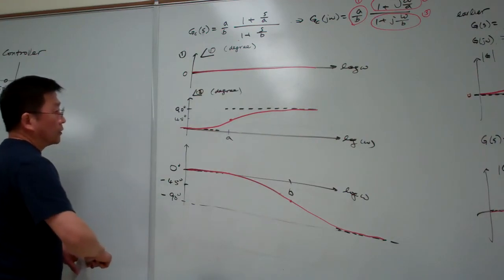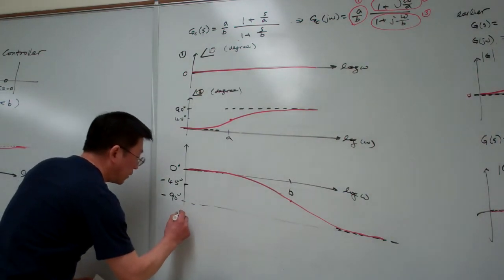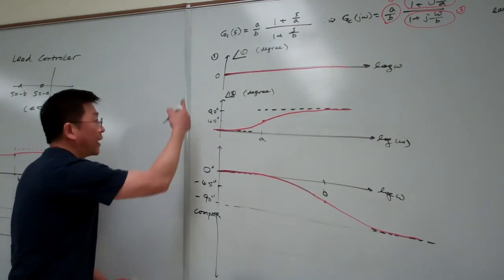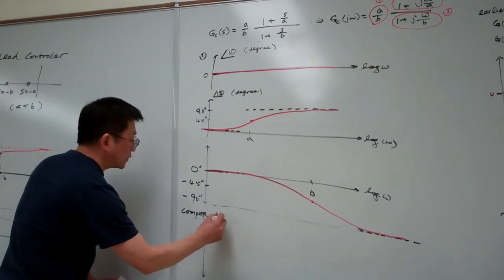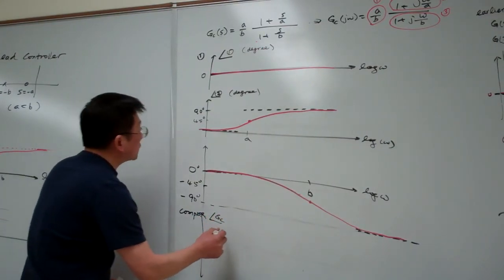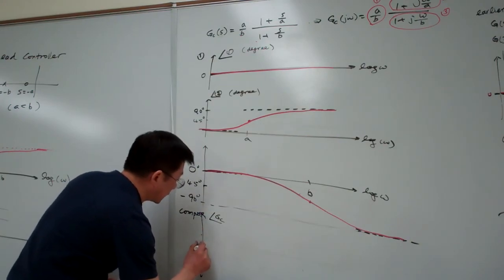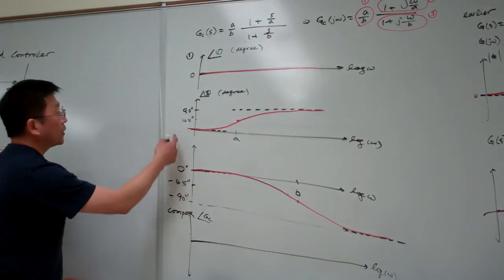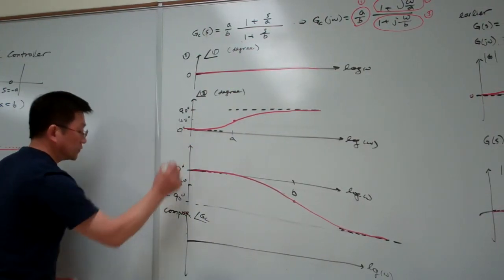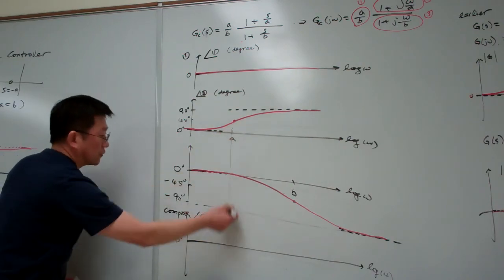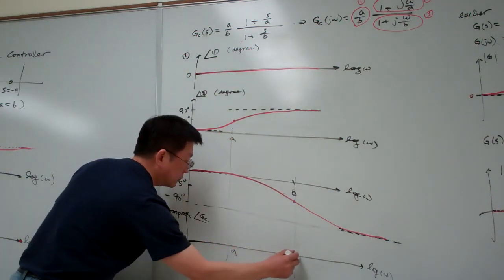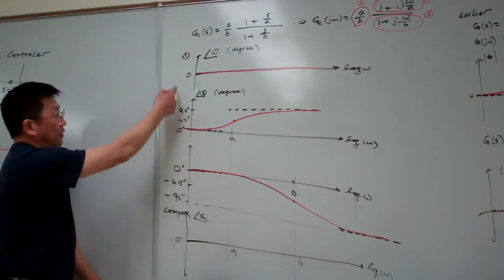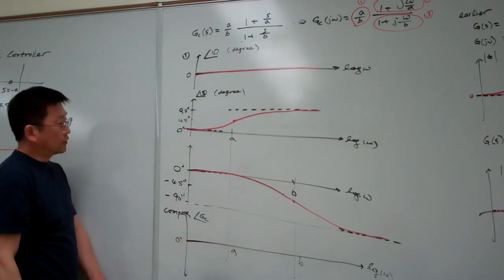Now we compose the whole thing, adding the three terms together, which will give us G C. So that will be something like omega, and then that is the 0 degrees here, with A and B. At the lower frequency range, that is almost 0, so we know it will start from 0.